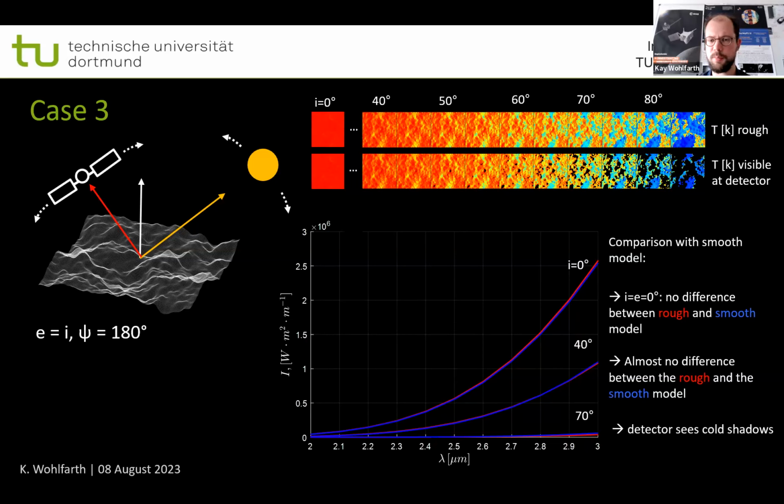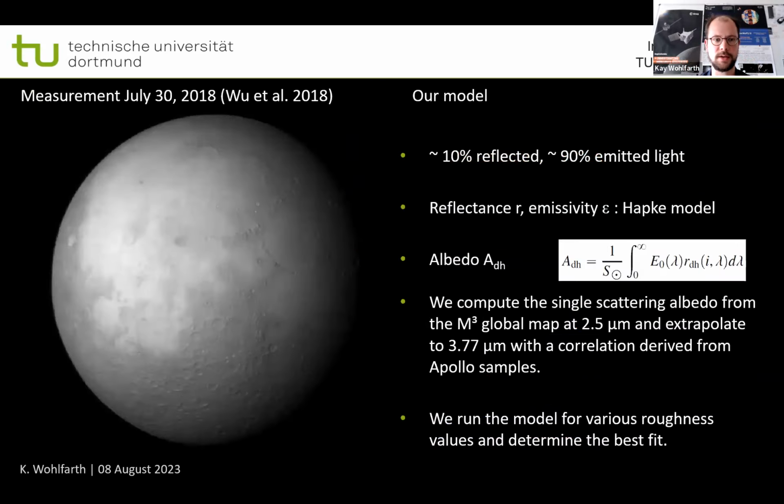And for this purpose, I took these two data sets. On the one hand, the Gaofen 4 data set from Wu 2021, and the Diviner data set from Bandfield's great paper from 2015 that included a thermal model that also already had roughness with those bowl-shaped craters.